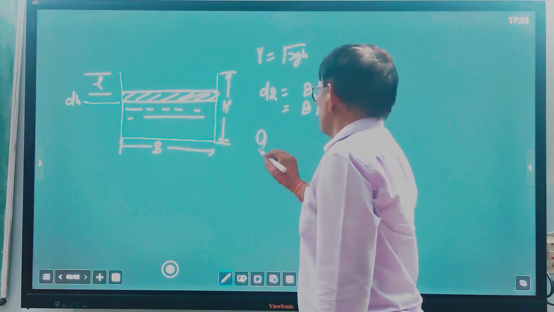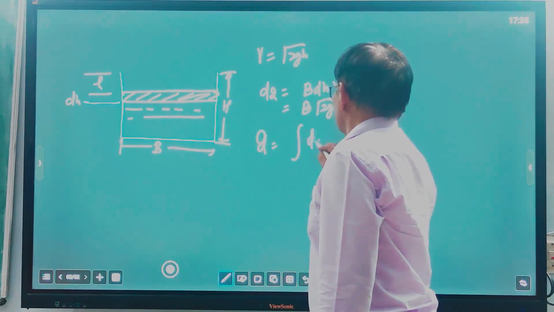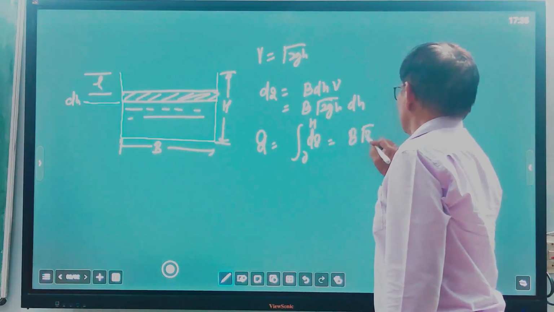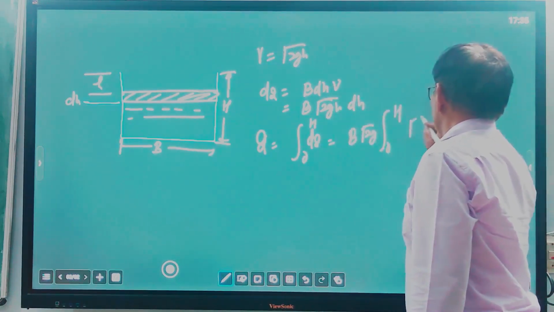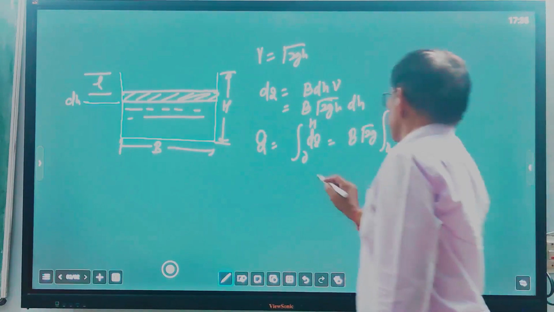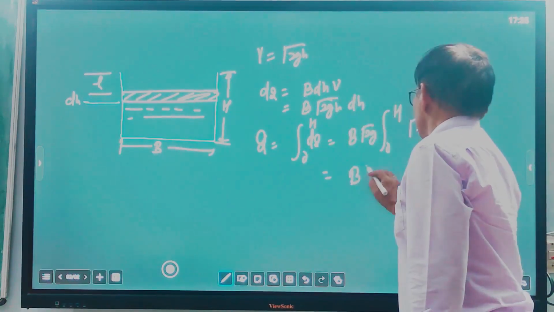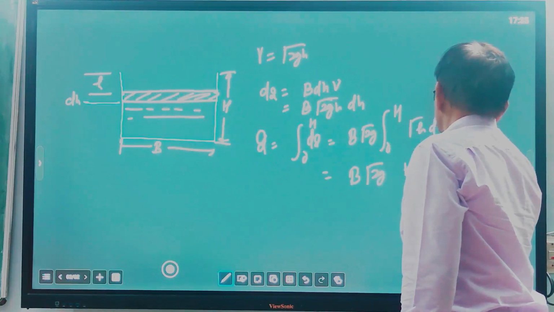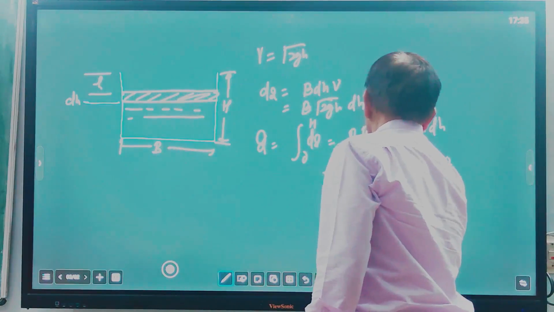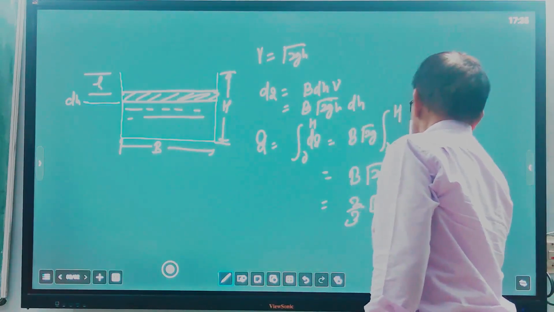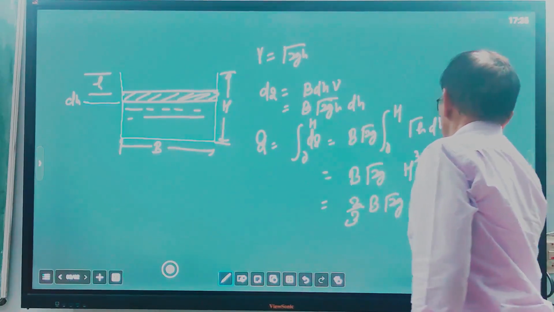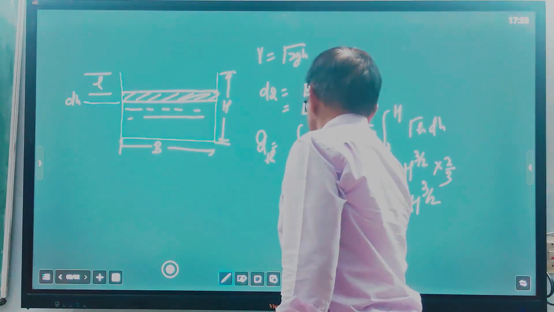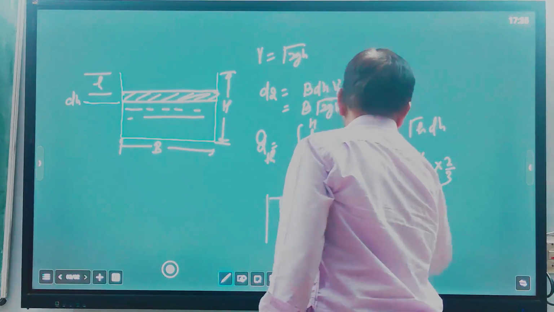So total discharge Q equals the integral of dq from 0 to h, that is b into under root 2g, 0 to h, under root h dh. Taking the limit and integrating it, b under root 2g h to power 3 by 2 into 2 by 3. So the equation will be 2 by 3 b under root 2g h to power 3 by 2. This is the theoretical discharge Q from the rectangular notch.